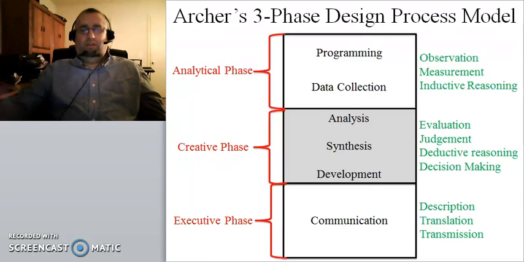And within those 3 phases, Archer has sub-activities: programming, data collection, analysis, synthesis, development, communication. And just like we saw in that simple 4-step model that I showed 2 slides back, there is an implied direction here, which is that this process goes from the top downwards to the bottom.